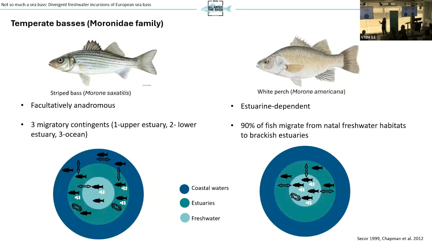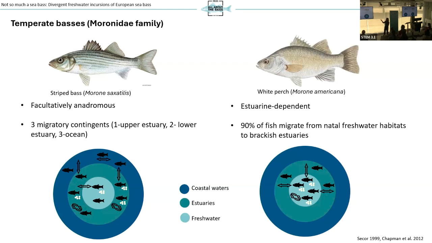So these are cousins of our bass, the family of the temperate basses, and it's only to show you that within this family, partial migration is very common.